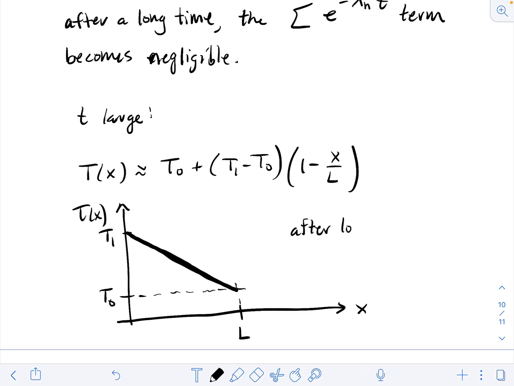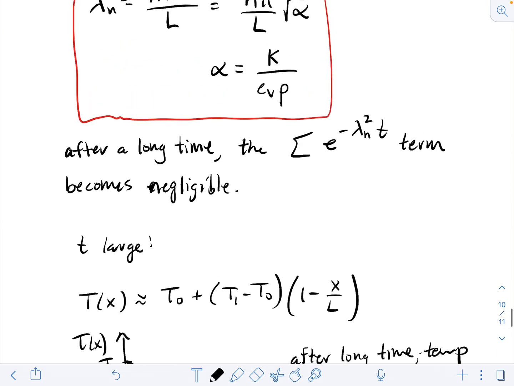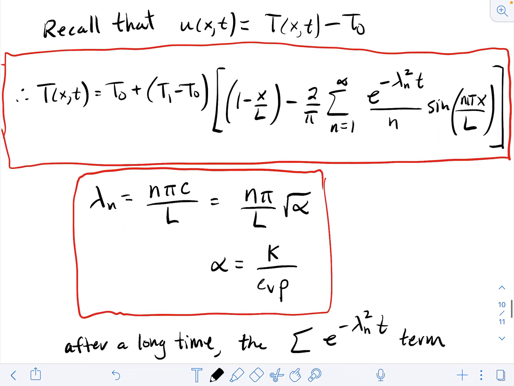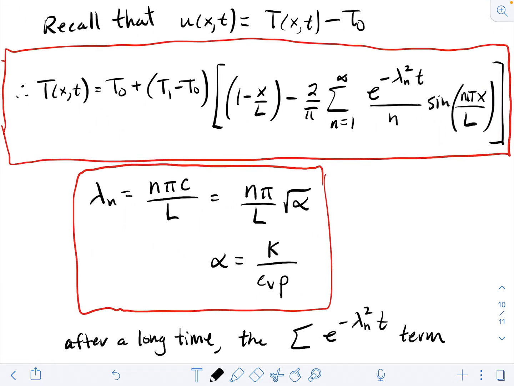So after a long time, the temperature distribution is linear in x.